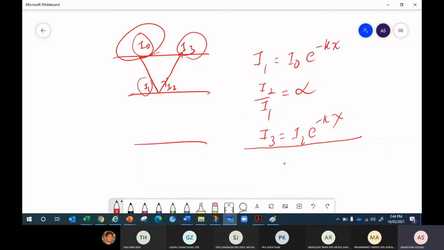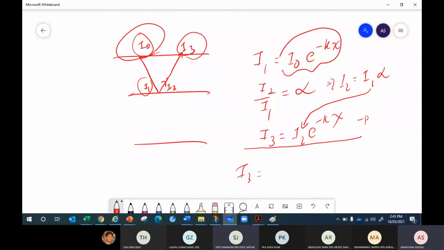We want here I0. So how do you do that? I3 is I2 e negative Kx, right? I2 we can put in terms of I1: I2 is I1 alpha, right? So we put it inside here. And I1 is this one, put it inside here.